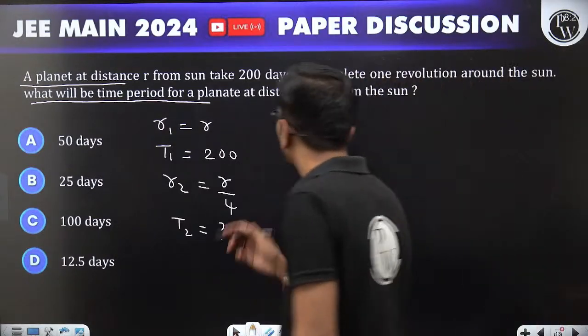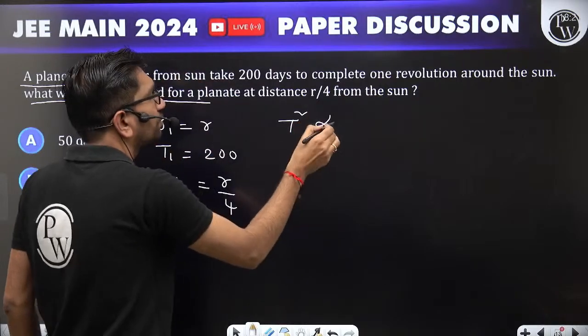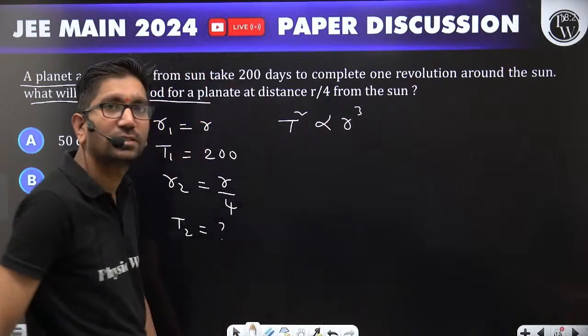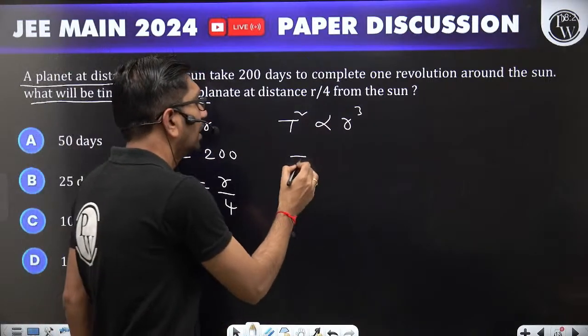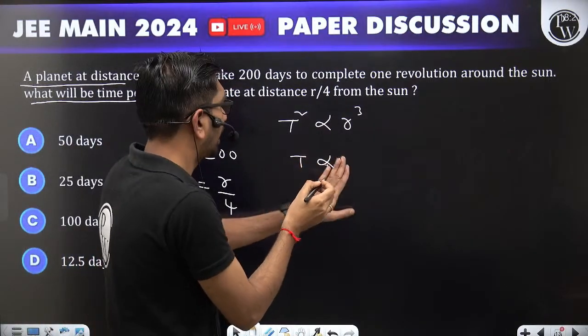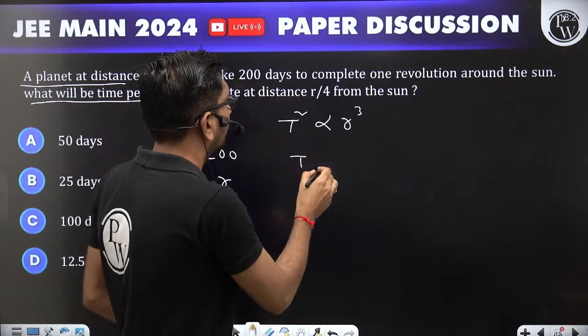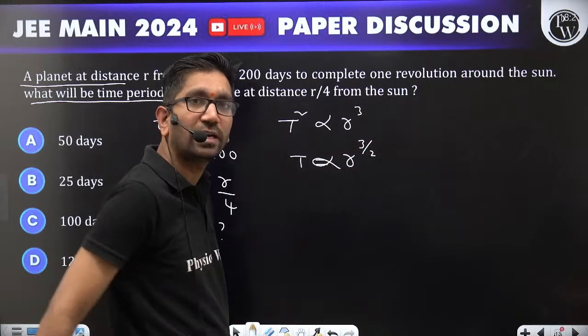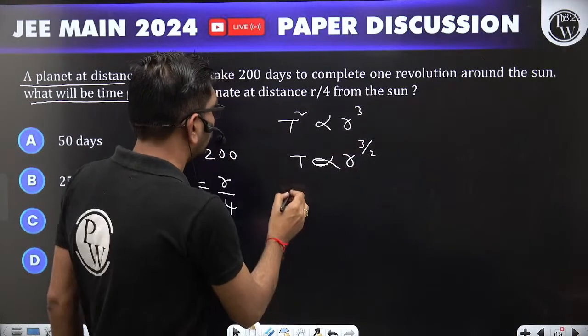As everyone knows, from Kepler's third law, T square is directly proportional to R cube, yes, correct. So finally, we can write it like this, na? T is proportional to R power 3 by 2, we can write, yes. So finally what do you get, beta?